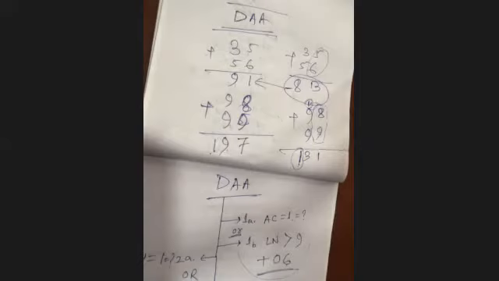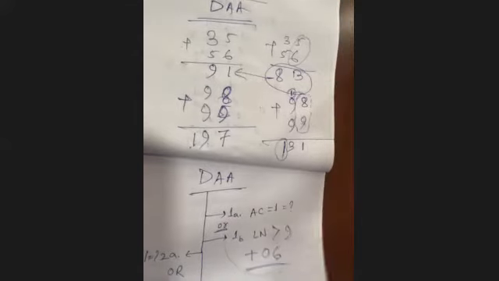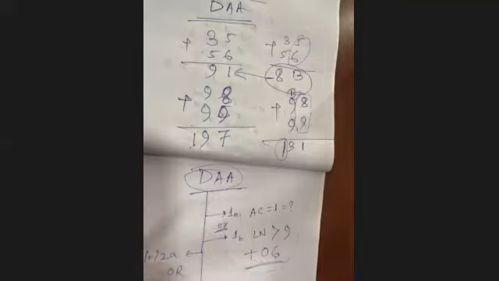So DAA is used to convert the result after additions into decimal form. So after additions, we always use DAA for decimal addition. Is it clear? Yes, sir.